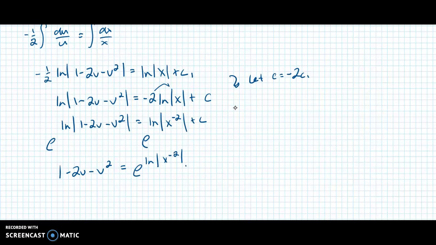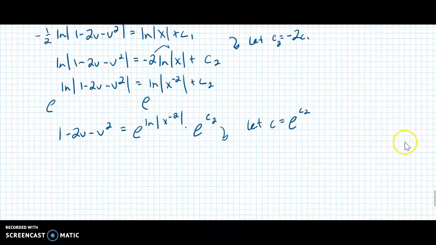Times, why can I do that? Because it's always going to be positive in here. Times e to the c, right? And now I'm going to do another let, let my new c equal e to the c2, and I'm going to back tag that with 2's, like that. So now the c that I have is just, it'll be better, right?